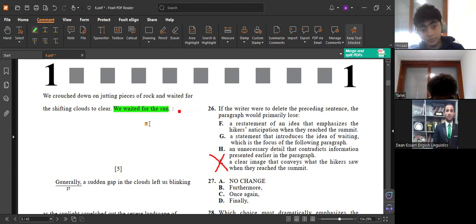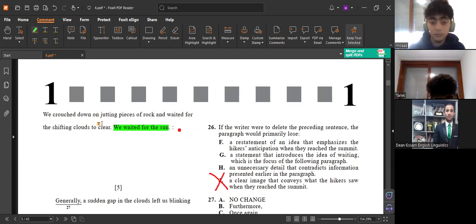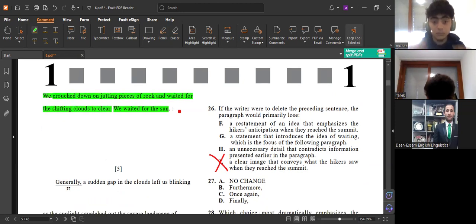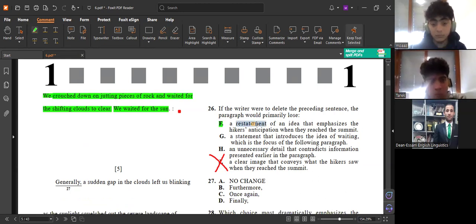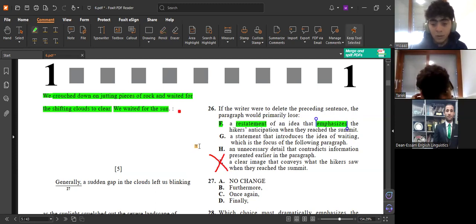This is a trap. We need the meaning of the sentence or the paragraph. Find the inner ideas not mentioned in the sentence or the paragraph or the preceding sentence. Let's check it together. Why is it F? Restatement means repetition of an idea that emphasizes the hiker's anticipation.